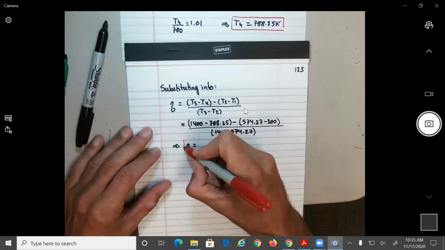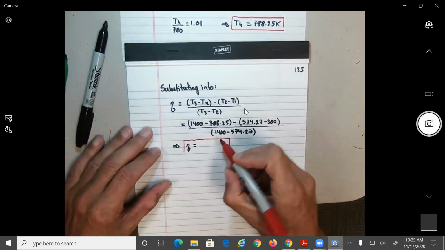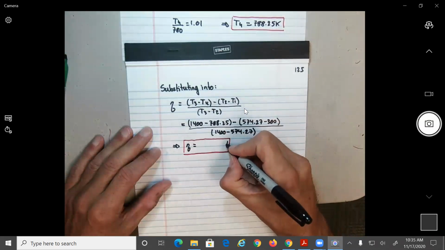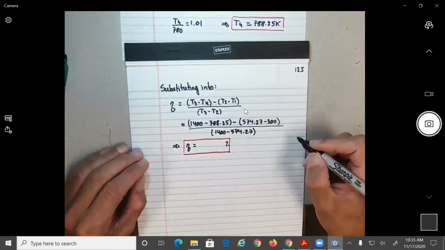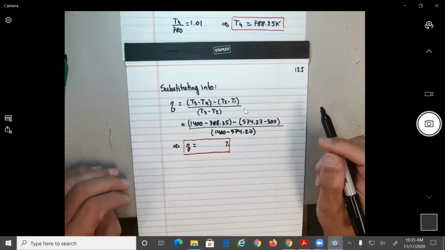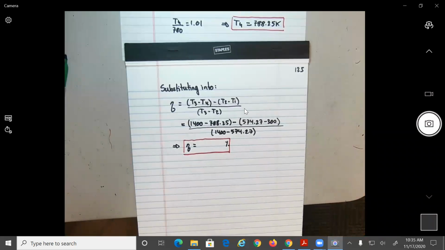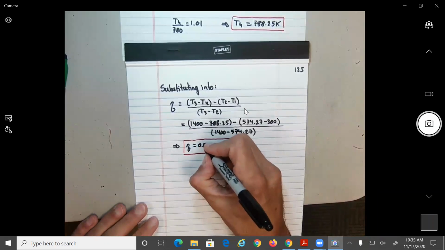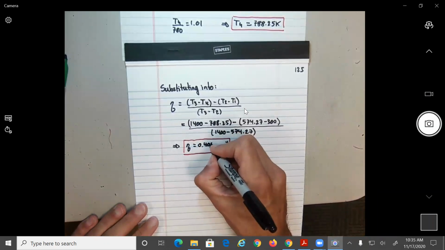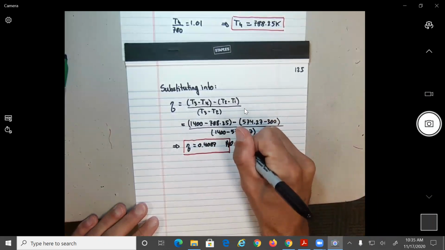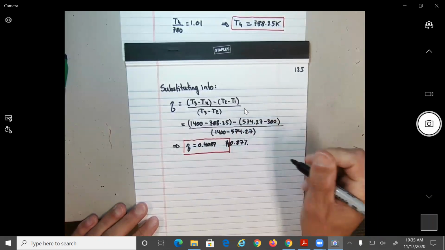So does anyone have the value here? About 0.4087, which is approximately 40.87%.